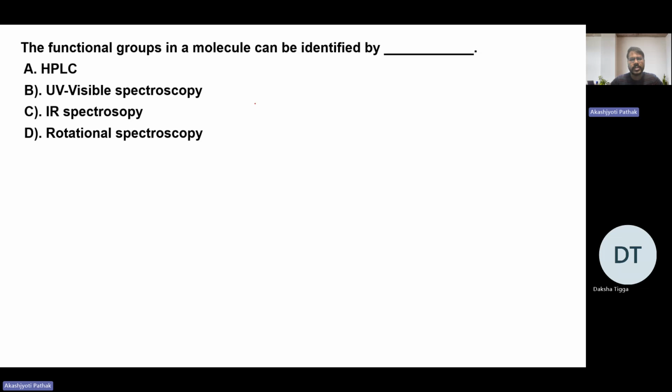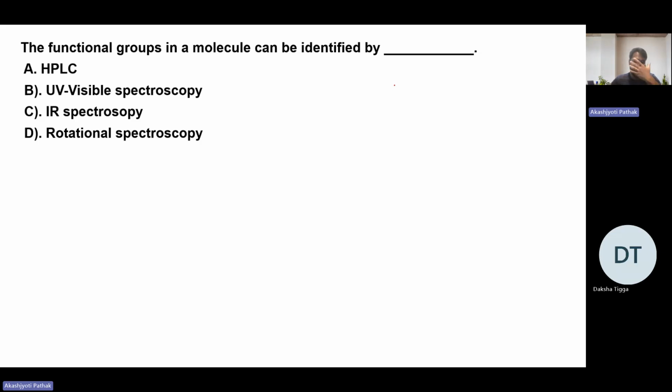For this question, that much information is needed, that yes, IR spectroscopy can be used for identifying molecules on the basis of their functional group. So as I showed you in a chart, the carbonyl functional group, amide functional group, amine functional group, carboxyl functional group, each of these shows absorbance at a particular vibrational frequency.